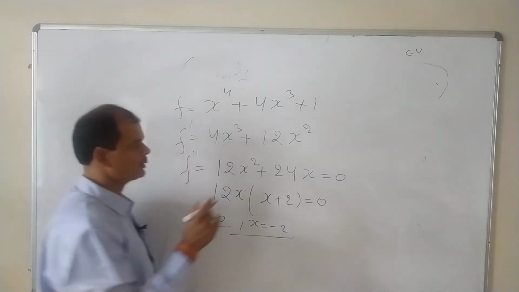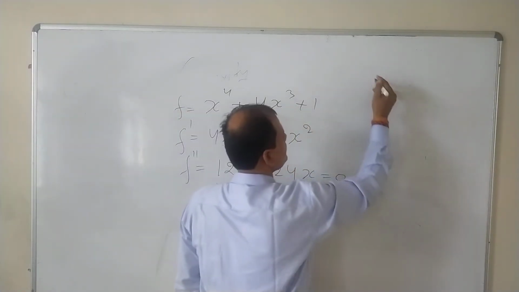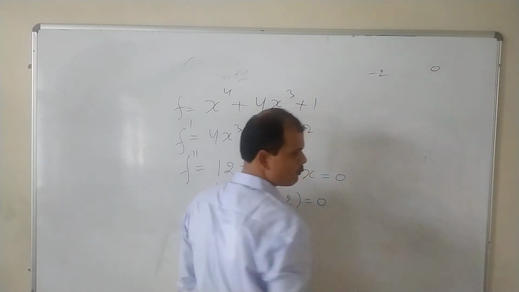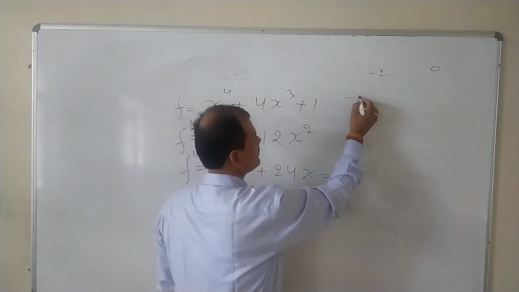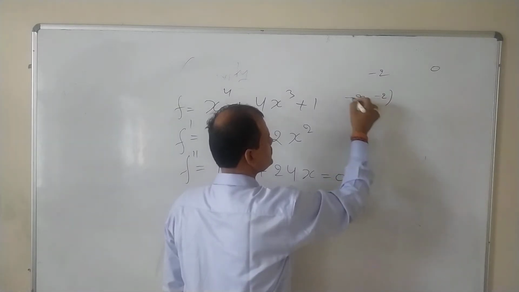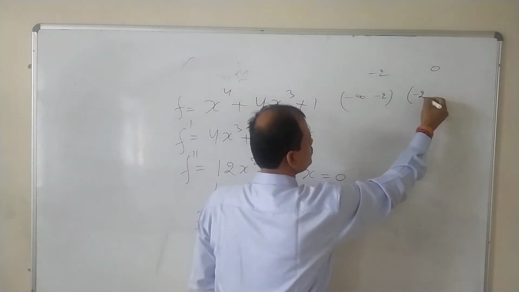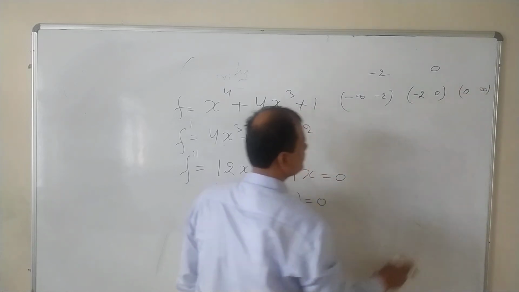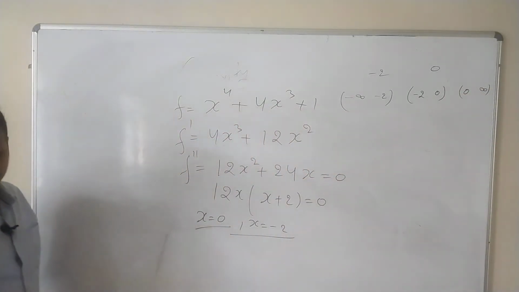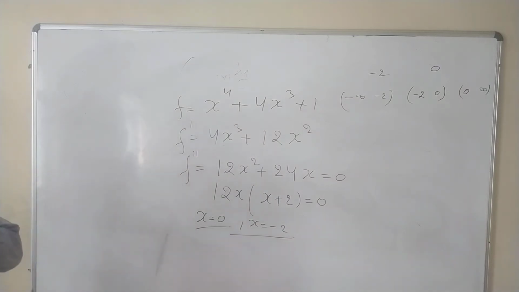There are 2 points where concavity changes. So we will have the subintervals minus infinity to minus 2, minus 2 to 0 and 0 to infinity.